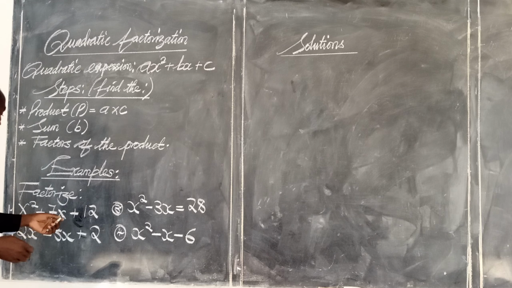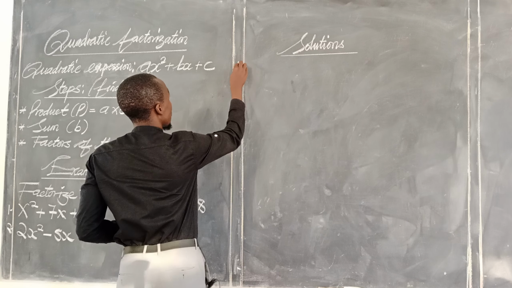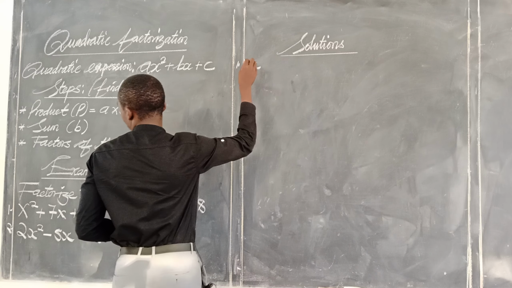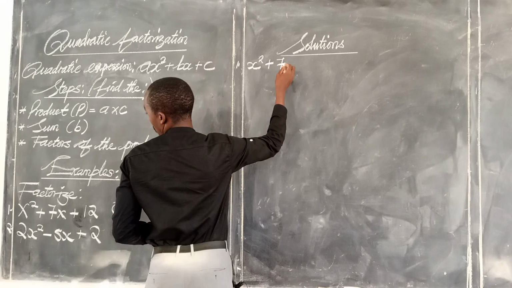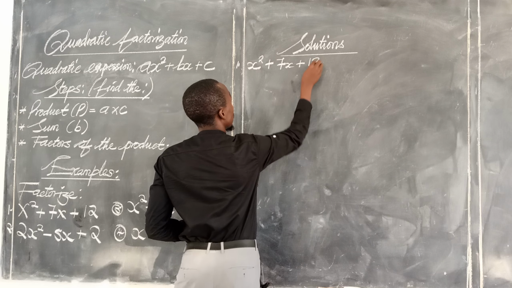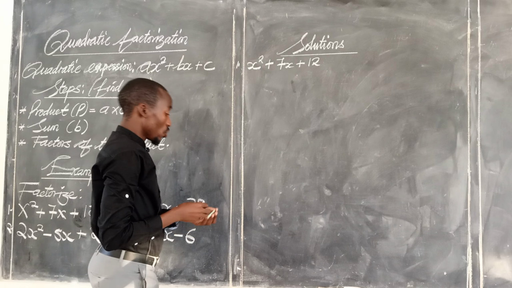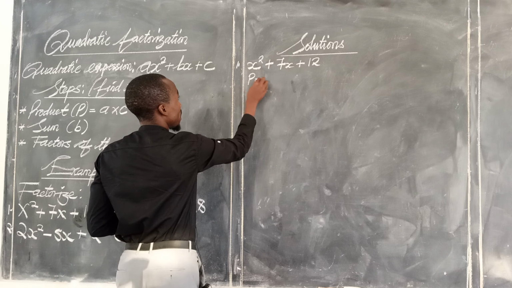So our solution, we're starting with the first one. The first example says x squared plus 7x plus 12. The first thing we said is we need to find the product.